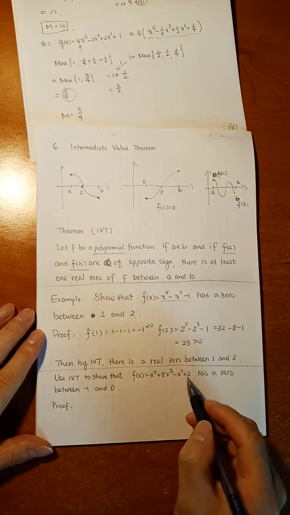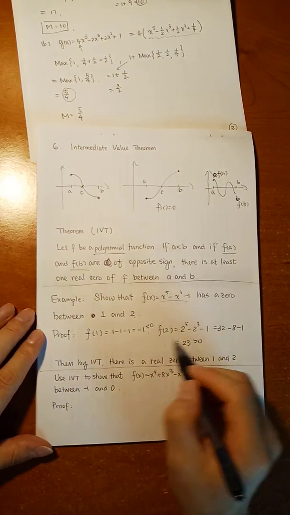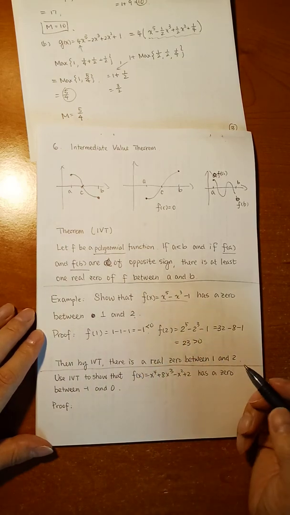Well, you have a polynomial. You have a and b. So what you really need to do is evaluate the function at a and b and check if they have different signs or not.